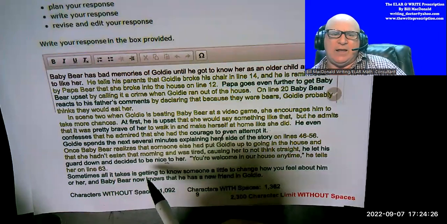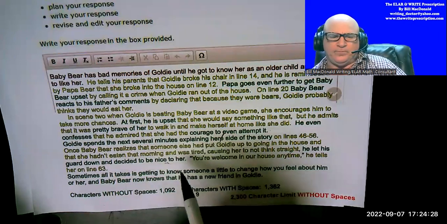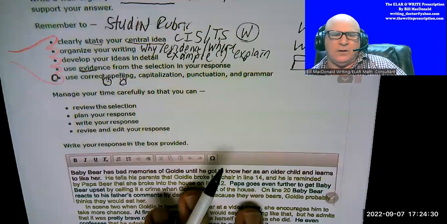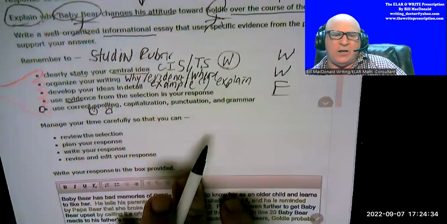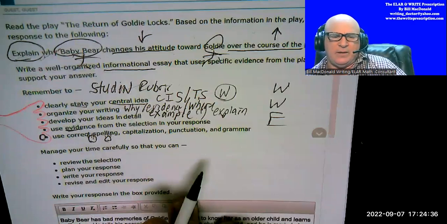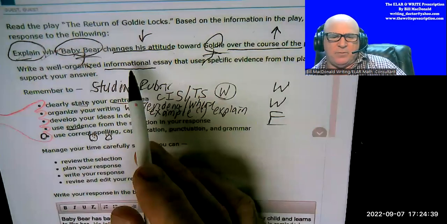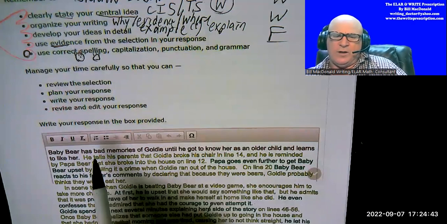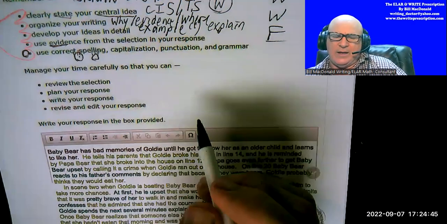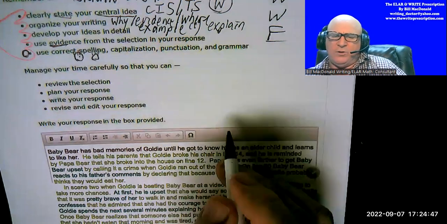Why did I use that? Because, how does my attitude change? Well, at the beginning, he has bad memories, until he got to know her. And so that's called a review statement.